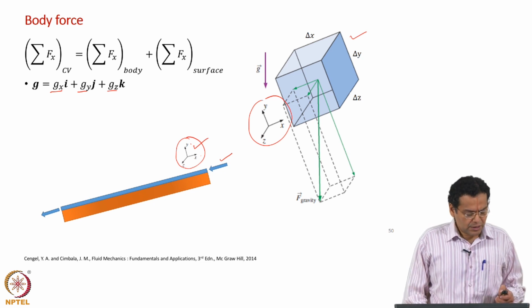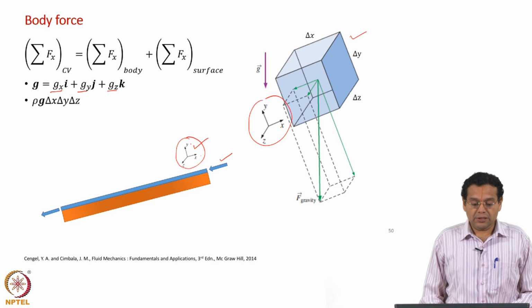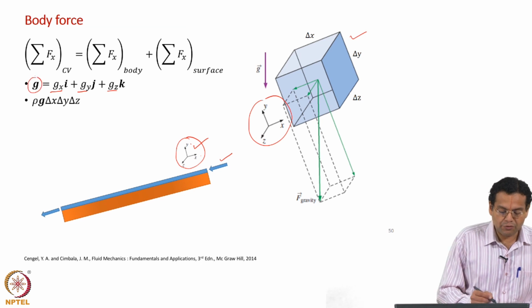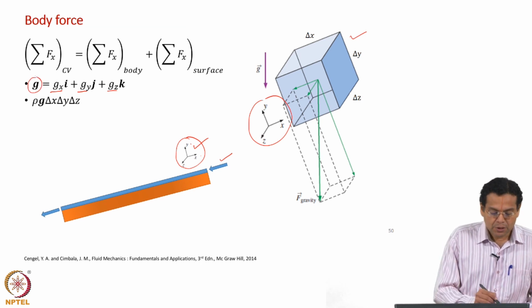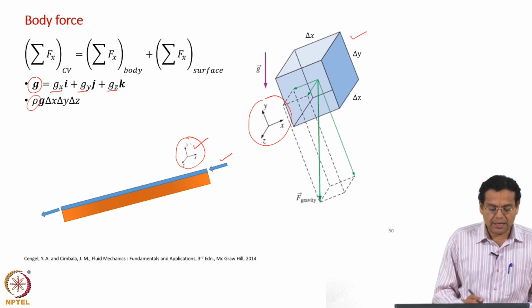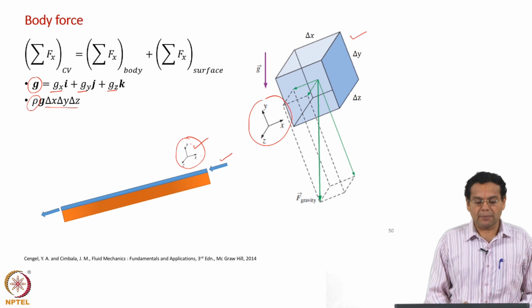Now, we remember the body force is a volumetric force, or it is expressed per unit mass or unit volume. G is the gravitational force per unit mass. So, we multiply by the mass of this control volume. What is that mass? It is density into the volume of the control volume, that gives the mass there.